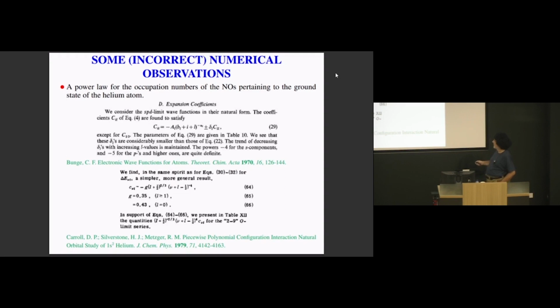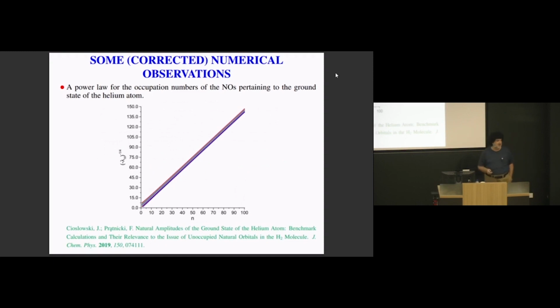Actually, all those came from very early calculations, from inaccuracies in those calculations, and if one does things correctly, then one can see, again with helium because it's easy to see, here what I have is minus natural amplitudes to the power 1/4 plotted against the principal quantum number. You can see it's the same slope for all the L's, and this asymptotic decay law is satisfied to a high degree of accuracy already for quite small n.